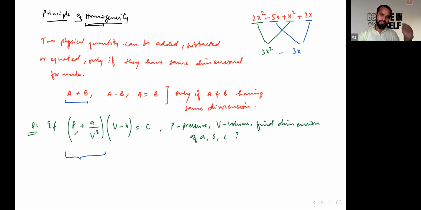So we can compare these two terms for equal dimension. So P would be nothing but A divided by V squared. We know the dimension formula of pressure and of volume. Just put them in and solve for A. Is it clear to everyone?